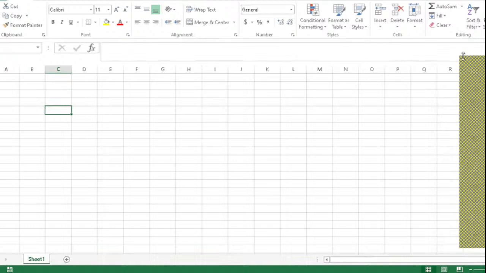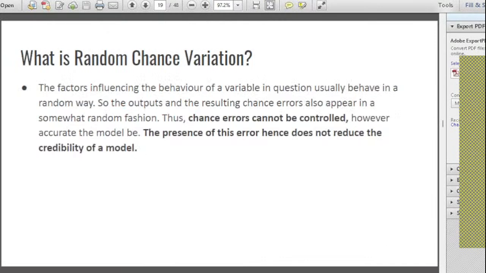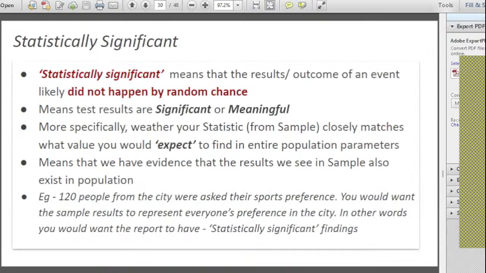So between null and alternate, always construct alternate first. Let me just start with a couple of examples and then we will continue from errors, the type of errors that you can make.